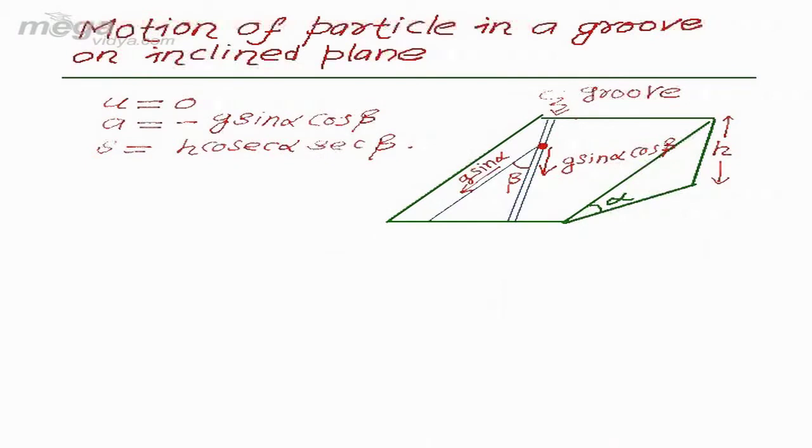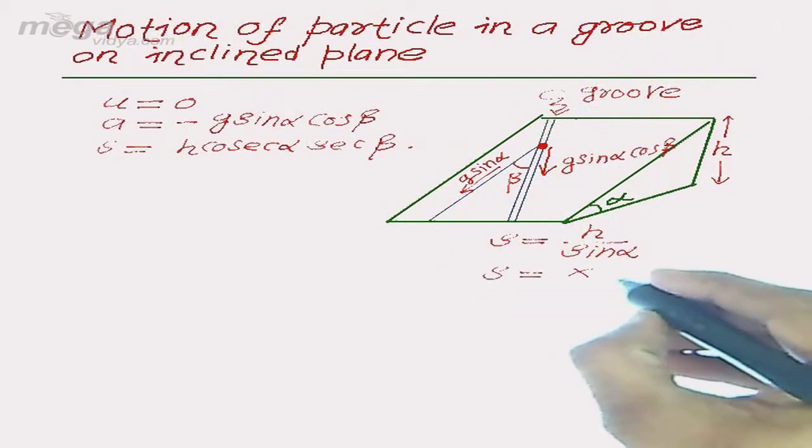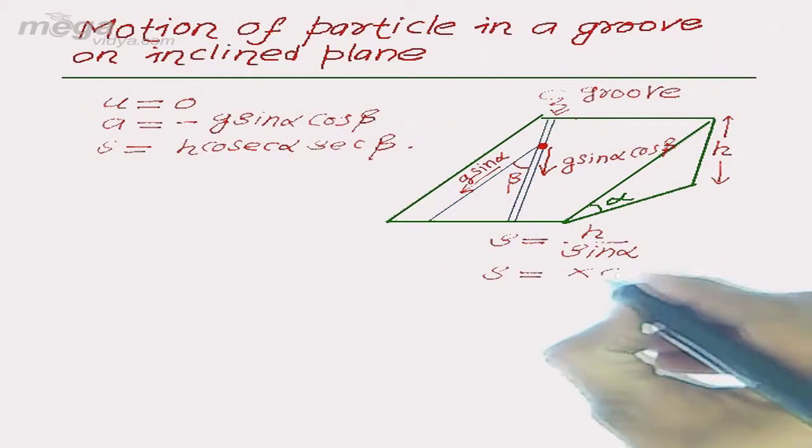How can we write this displacement? Because s can be written in terms of h as h upon sine alpha, and the component of this groove length along the line of the greatest slope can be written as x cos beta.